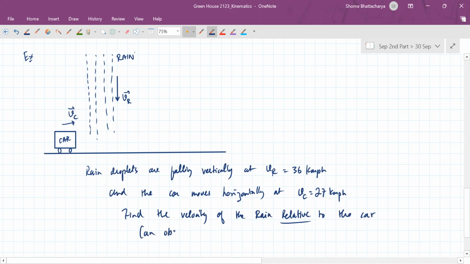An observer with the car will see rain to be slanted with respect to the vertical. To find the velocity of the rain relative to the car. Okay.